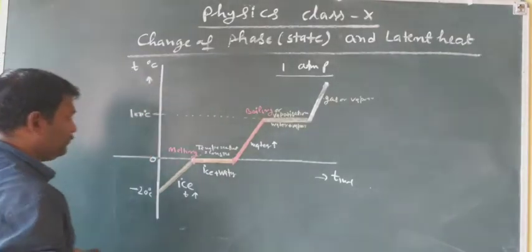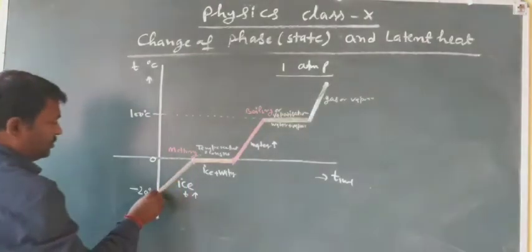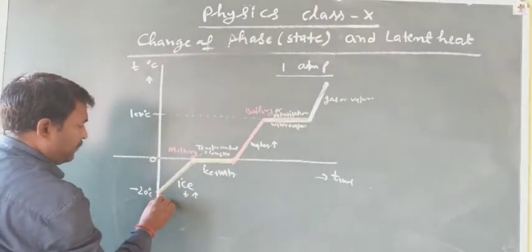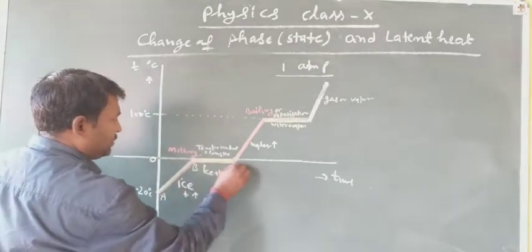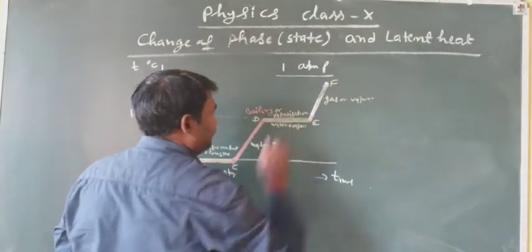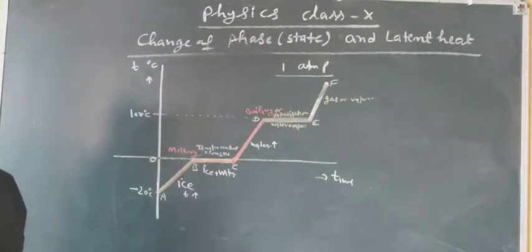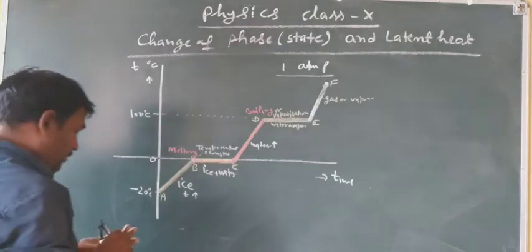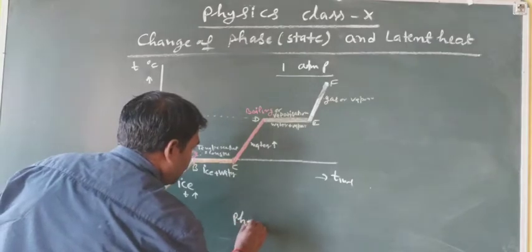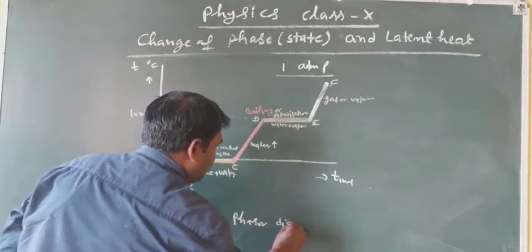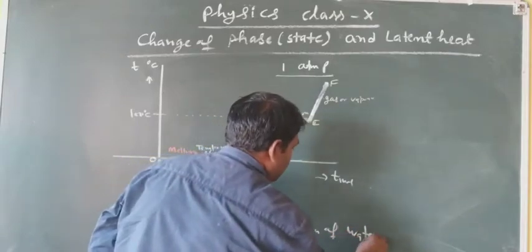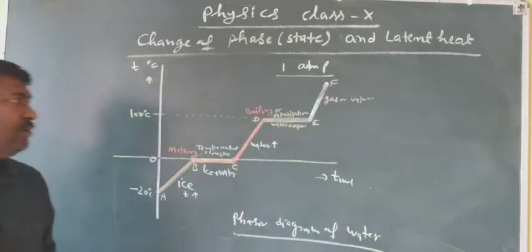Now see, if we write some points here from A, B, C, D, E, F, okay. So see, this is the phase diagram of water, okay. Phase diagram of water.